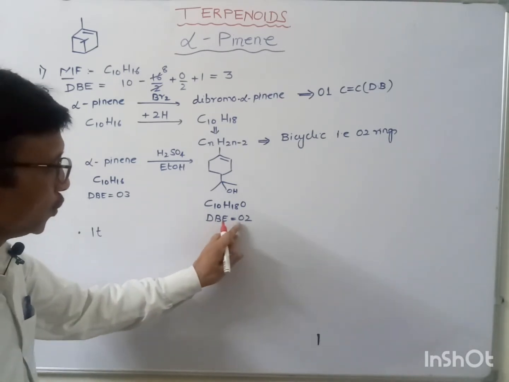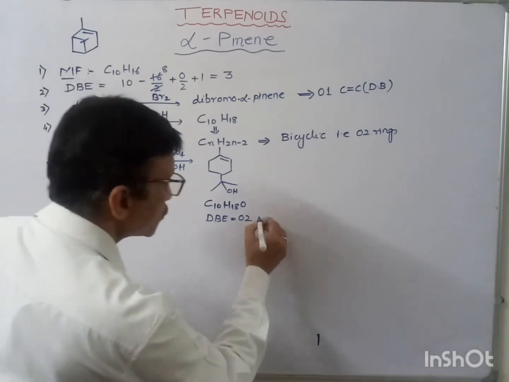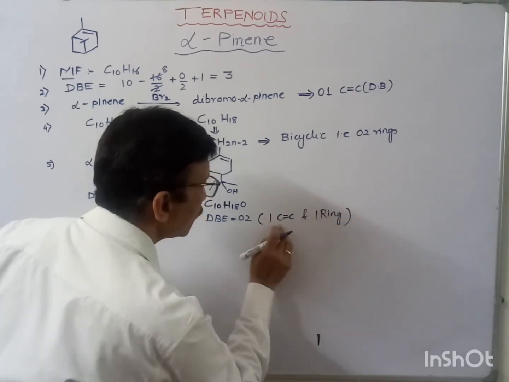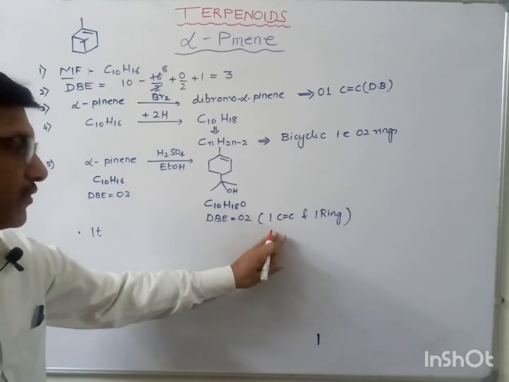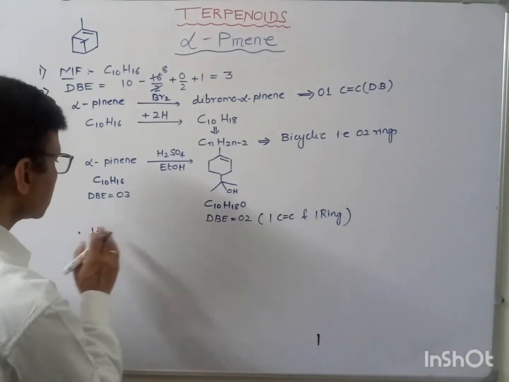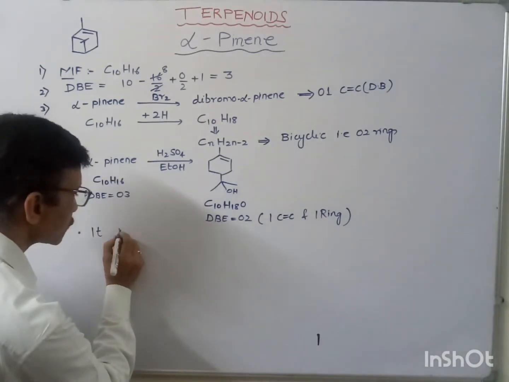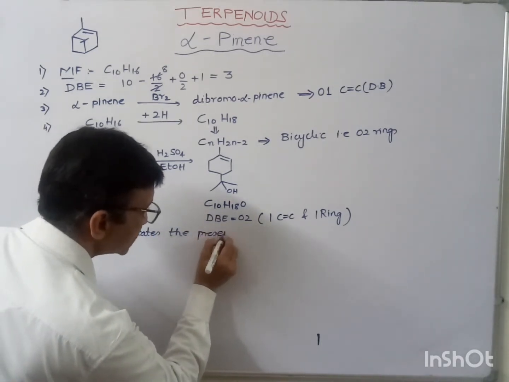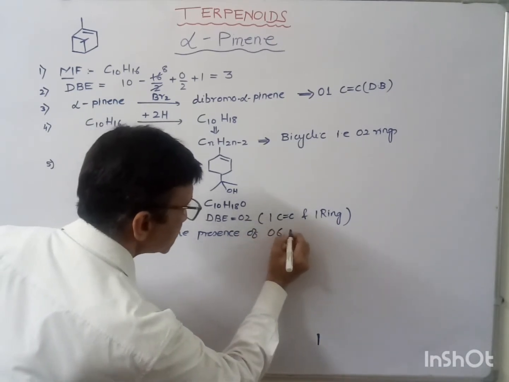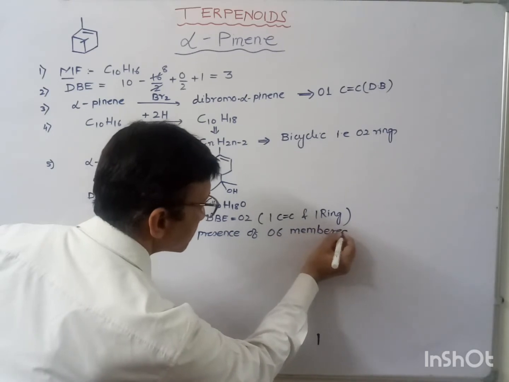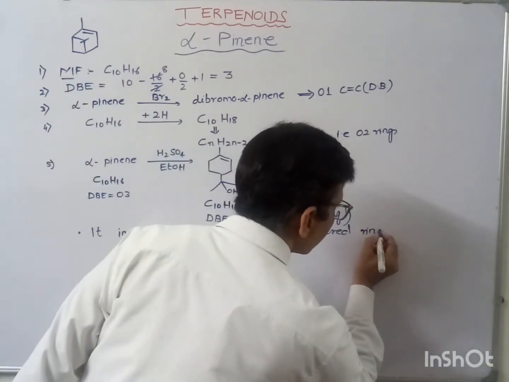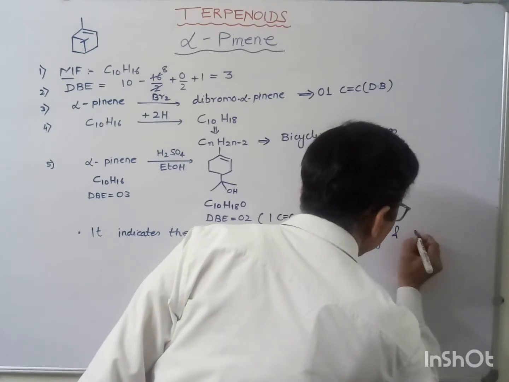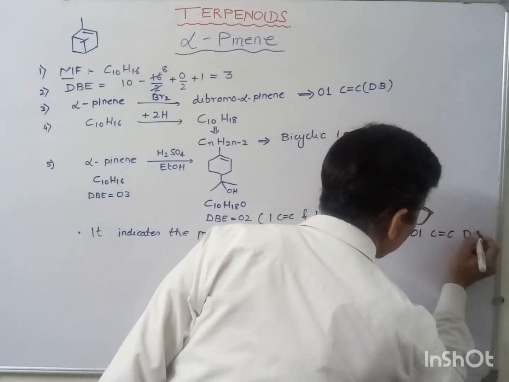So this double bond equivalent shows one carbon-carbon double bond and one ring, and the carbon-carbon double bond can be proved by either hydrogenation or bromination. So this reaction indicates the presence of a six-membered ring having one carbon-carbon double bond at this particular position.